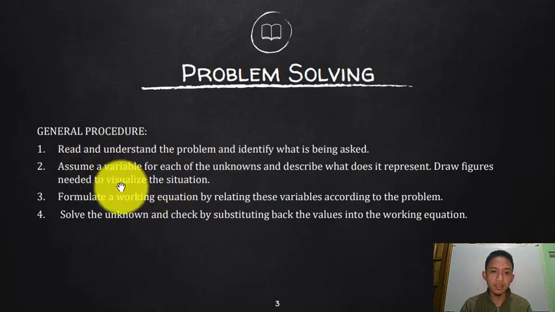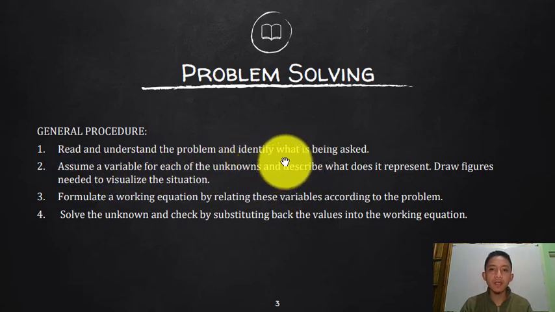That is why we need to have variables there. So again, once you identify what is unknown or what is being asked, then try to assume a variable for that. If there is more than one, then you need more than one variable also. One variable for each unknown.